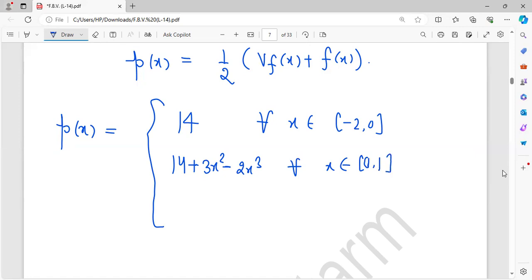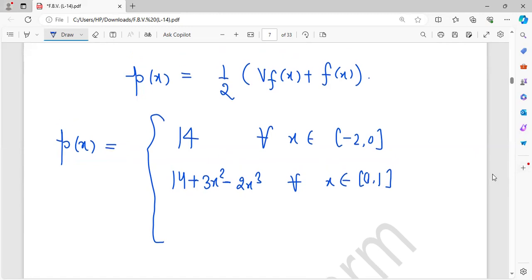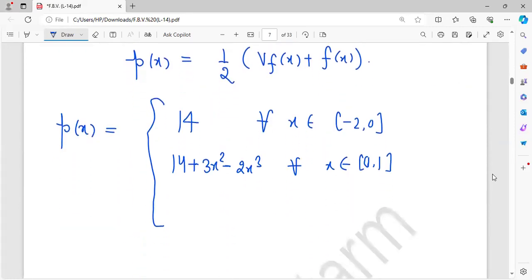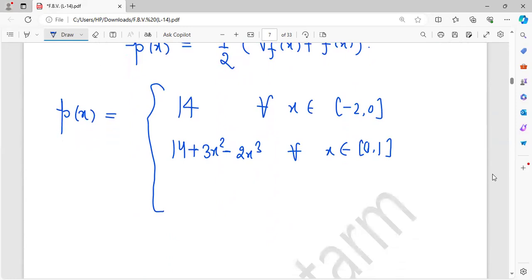And what about the closed interval 1 to 2? You add this, they will be cancelled out, and you will get 15. Okay, so the positive part is this.